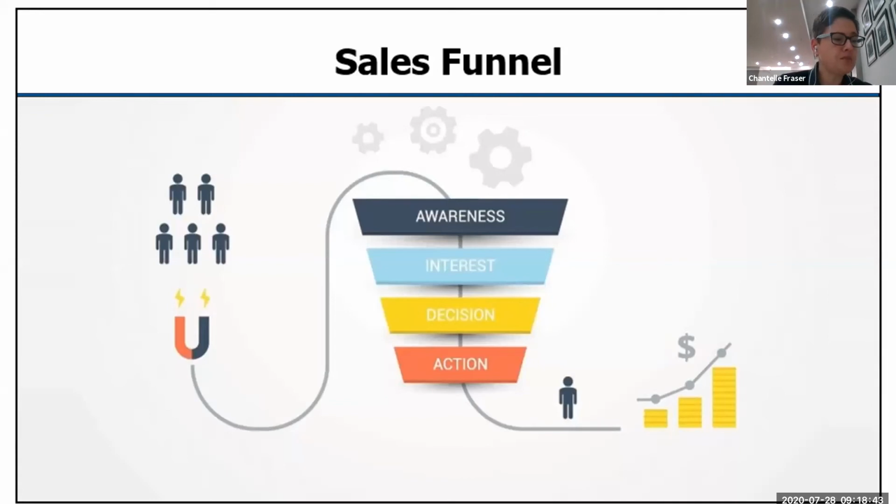Essentially, it's creating content and moving people from awareness to a point where they become interested in what you're offering, and then probing them or convincing them to take some kind of action, to make a decision to buy your product or service. Right at the bottom of the funnel, once somebody has taken action, they become a customer that starts generating revenue for you. So that's the one sales strategy, which we call the sales funnel.